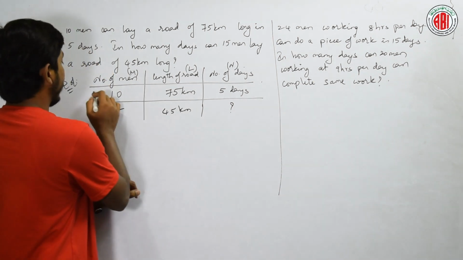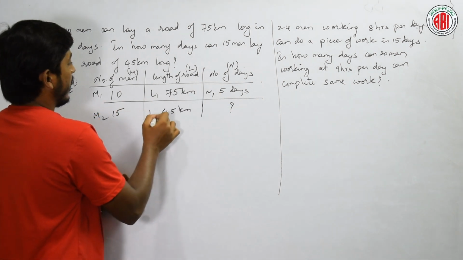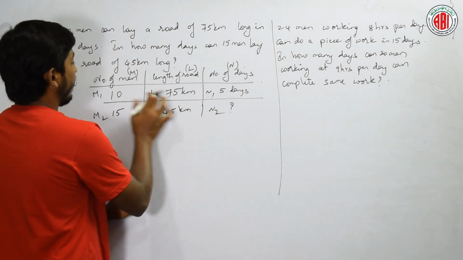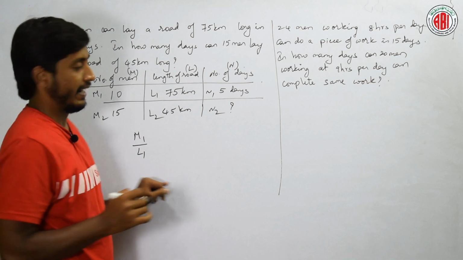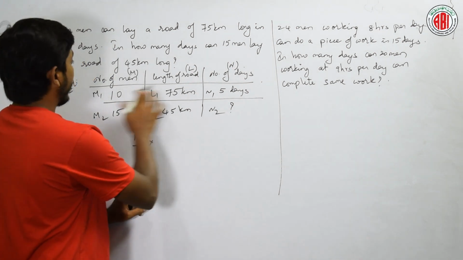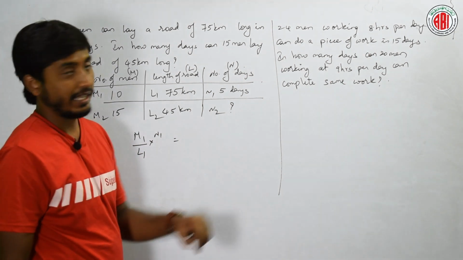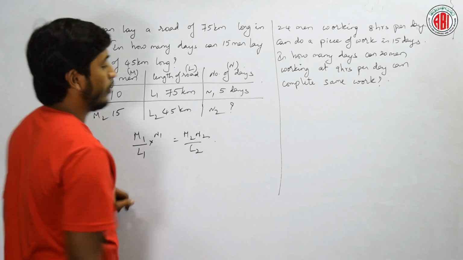Now see here, let us write this as M1 L1 N1, M2 L2 N2. Now M1 L1 are directly proportional, divided, and the next N1 is inversely proportional, so let us multiply this, then equate it to M2 N2 by L2.